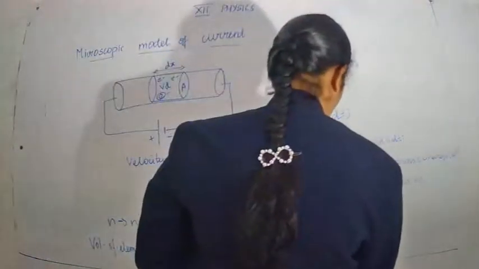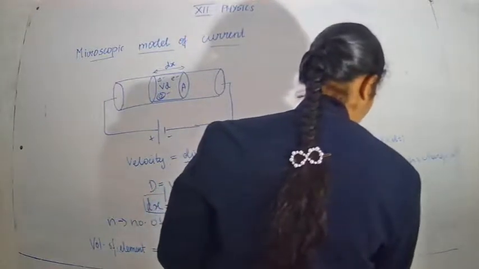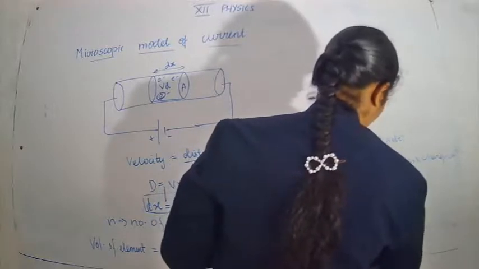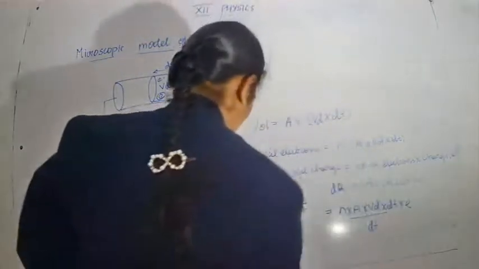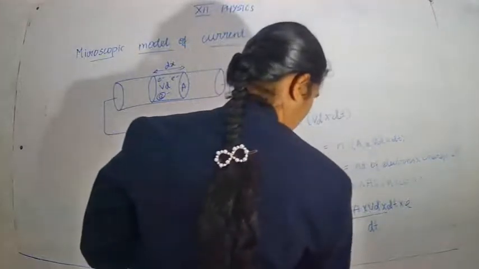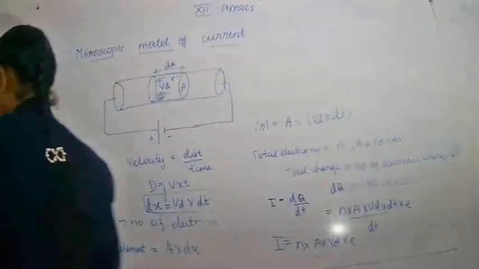Now, this is the total charge dq, right? n into A into Vd into dt into e divided by dt. Now dt gets cancelled. So, I is equal to n into A into Vd into e. This is the current.